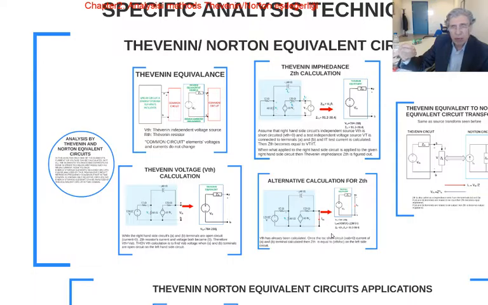What we have done in the time domain for resistive circuits will be repeated here. The only change is that we are in the omega domain. So the method steps do not change for the calculation of VTH, the Thevenin equivalent voltage, and the Thevenin impedance. So let's start with the voltage.